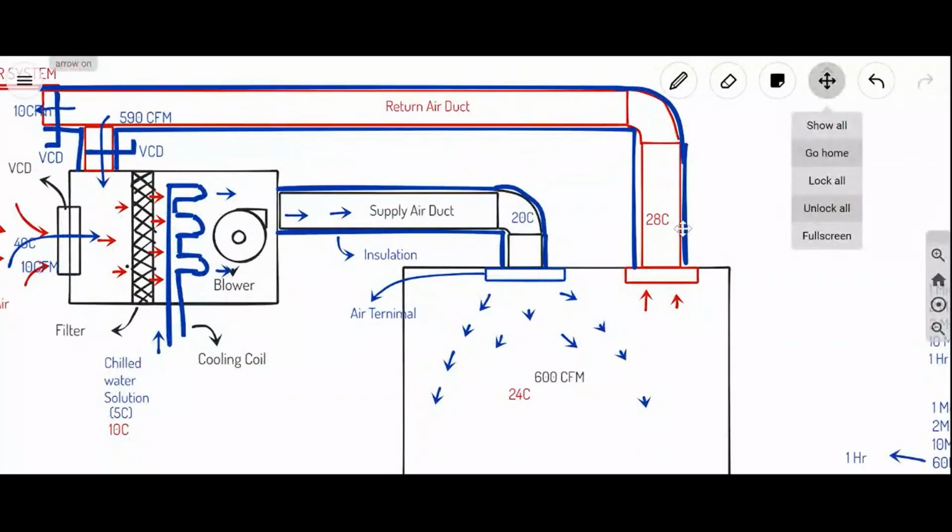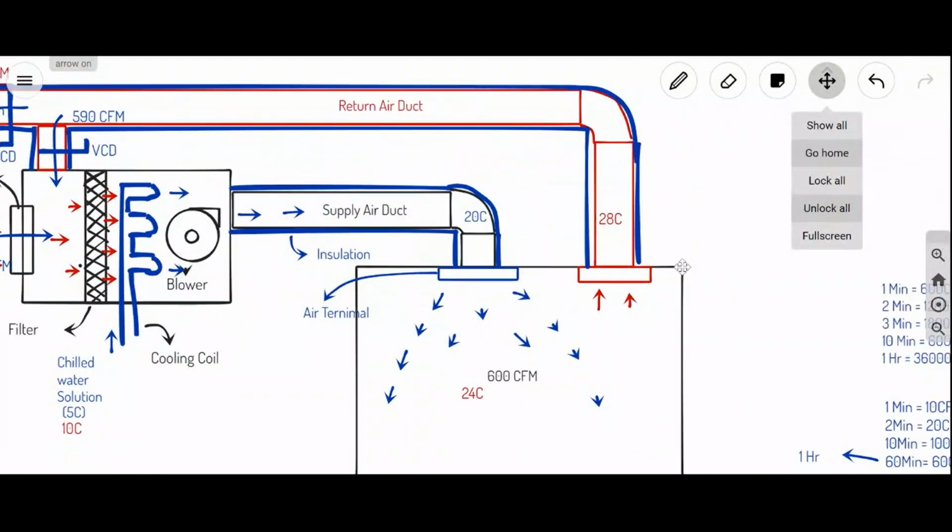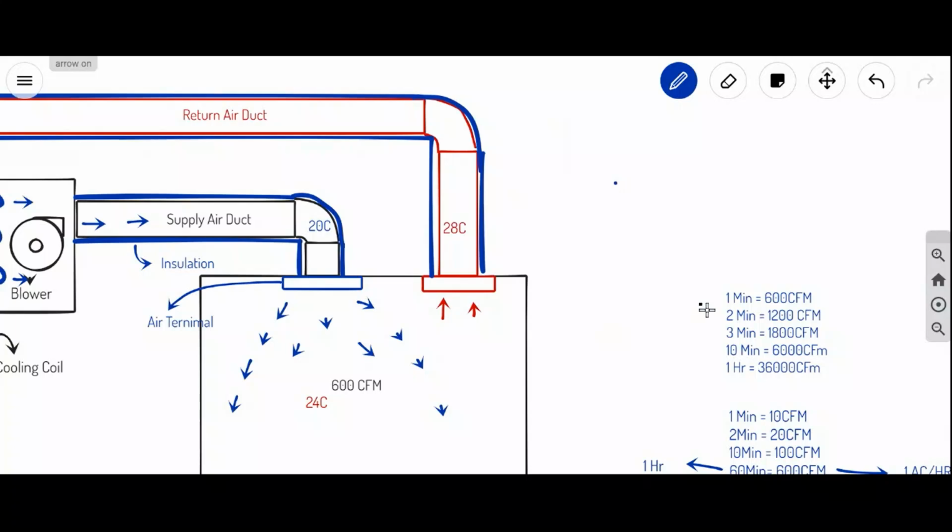Got it? सर यहाँ पर 600 CFM लिया है, अगर यहाँ पर 800 CFM रहता तो 800 के हिसाब से करना पड़ेगा. 800 डिवाइड बाय 60 कितना आता है? तब हर मिनट में 13 से 14 CFM को एग्जॉस्ट करना पड़ेगा, 14 CFM फ्रेश एयर लेना पड़ेगा.